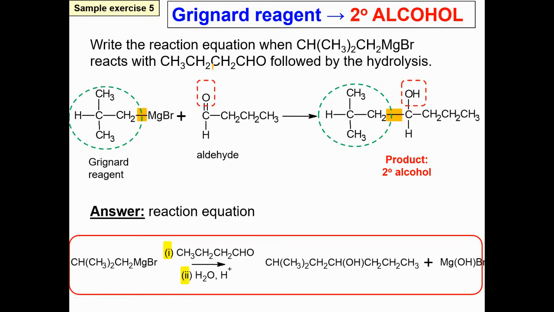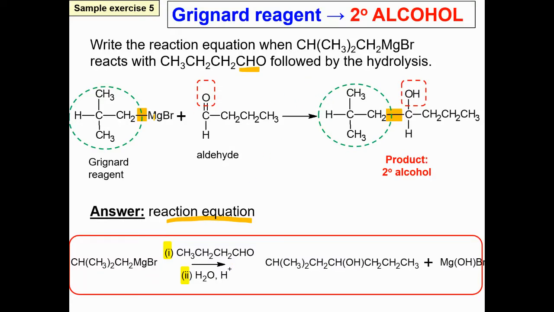Now next one. Let's look at this question. Write the reaction equation when the Grignard reagent reacts with aldehyde followed by hydrolysis. First of all, I'm not going to write the chemical equation yet.